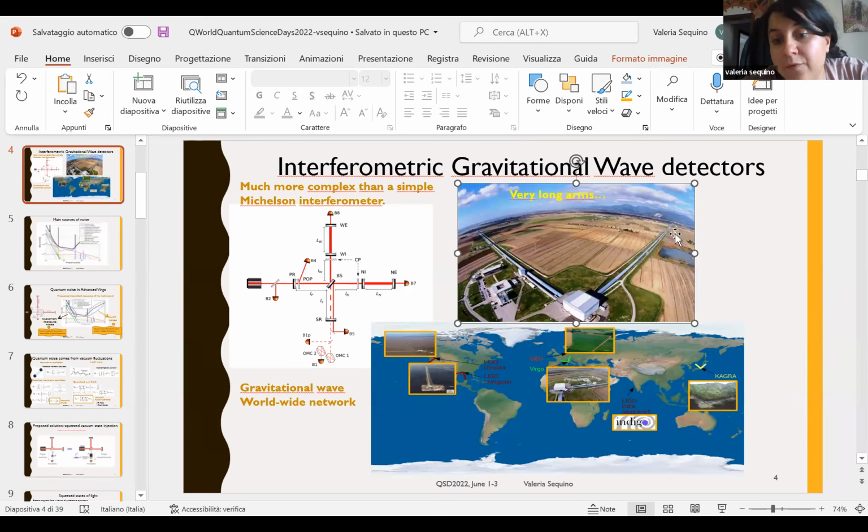What will be done for the next generation of interferometers, where we think to build interferometers with arms 10 kilometers long, is to build the interferometer underground, not only for this, but also, of course, to limit the seismic noise. In this way we will be able to have interferometers with longer arms.